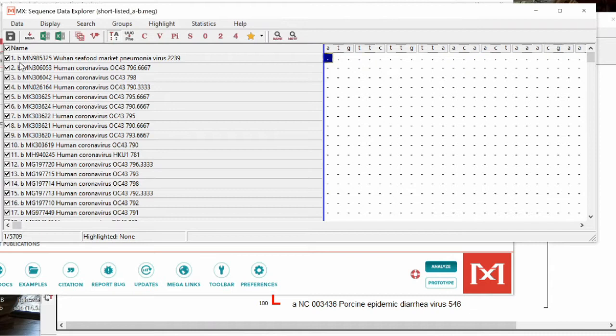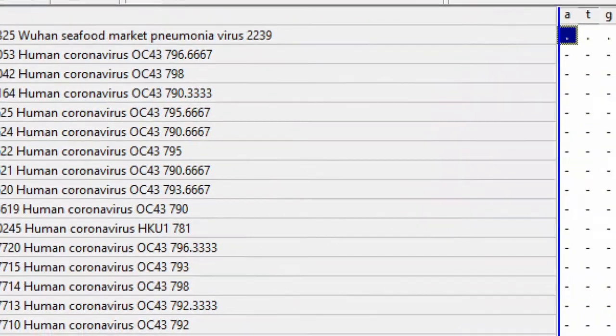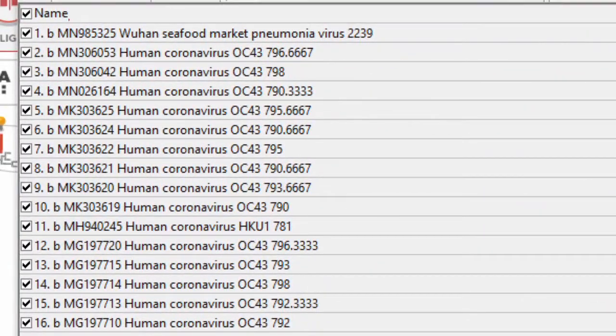So here we have the names, and the names look like that. First, B means beta, so this means beta coronavirus.